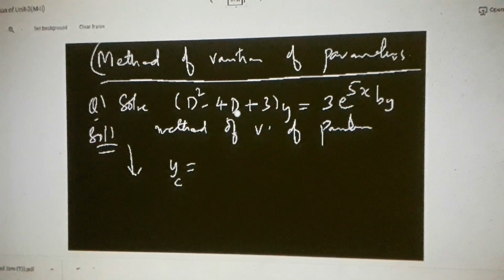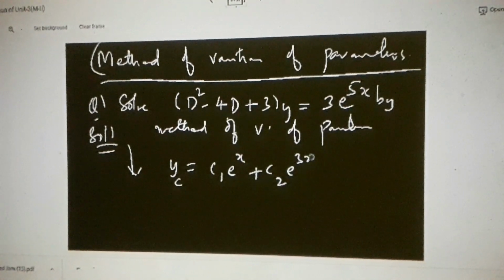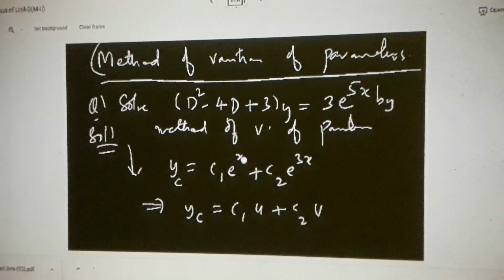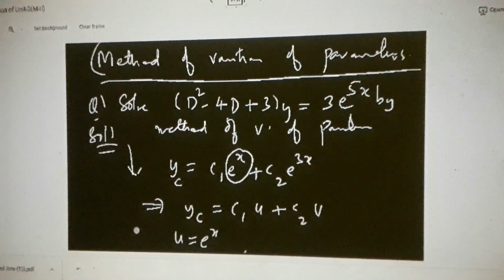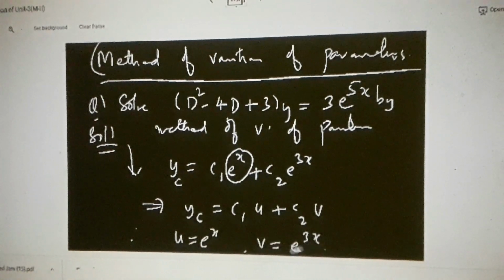You know that the roots are 1 and 3 for this. So yc = c1 e^x + c2 e^(3x), which implies yc is c1 into u plus c2 into v. We call this u, so u is e^x and v is e^(3x).